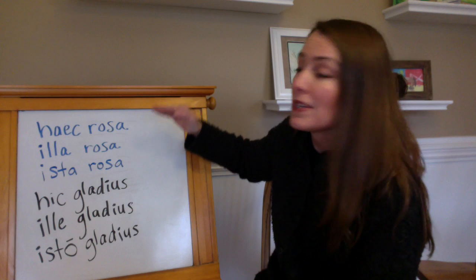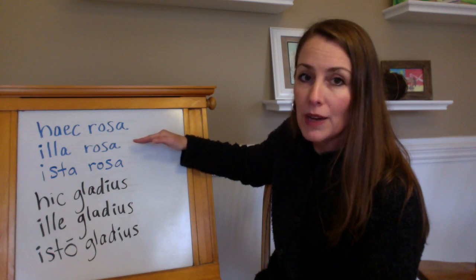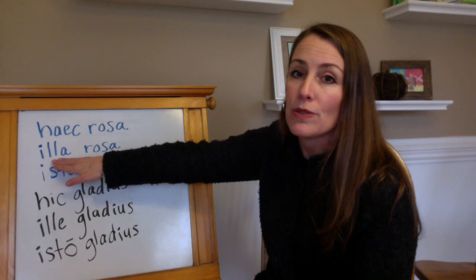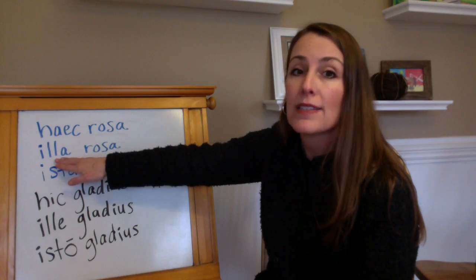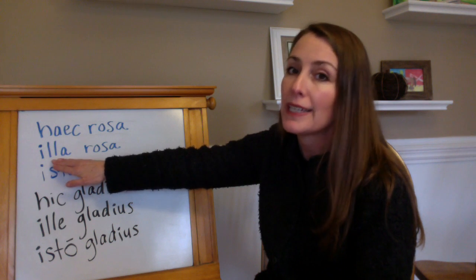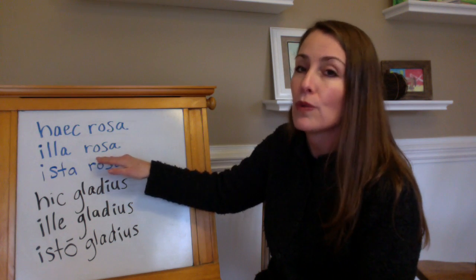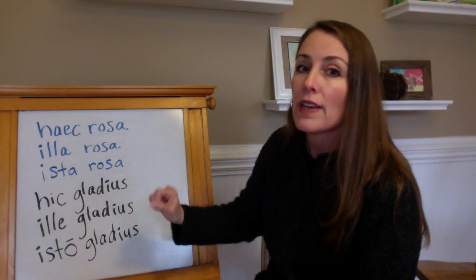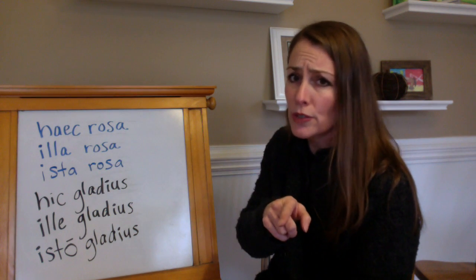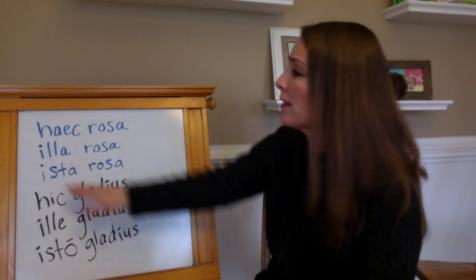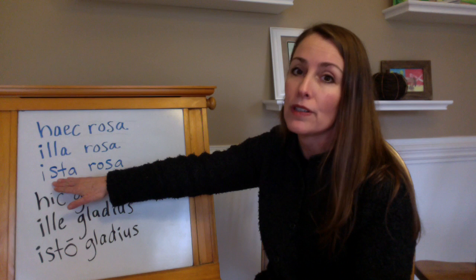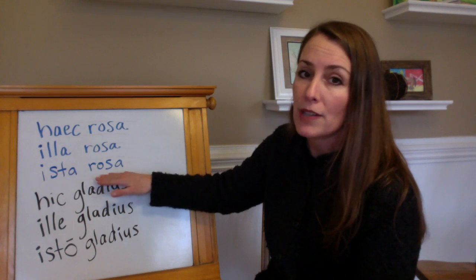If I was speaking of one that was far away from me, I would use the demonstrative pronoun that. And I would use the feminine, singular, nominative form. So I would pick illa rosa for that rose. If I'm speaking of that rose near you, I would pick ista, which would be the feminine, singular, nominative form to match rosa.